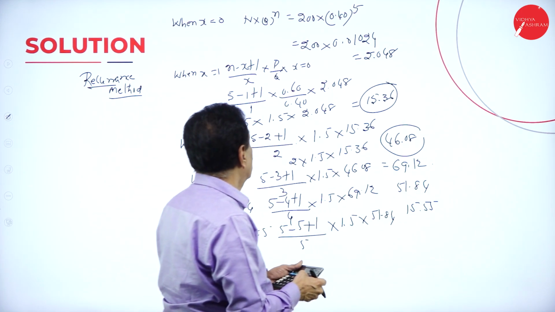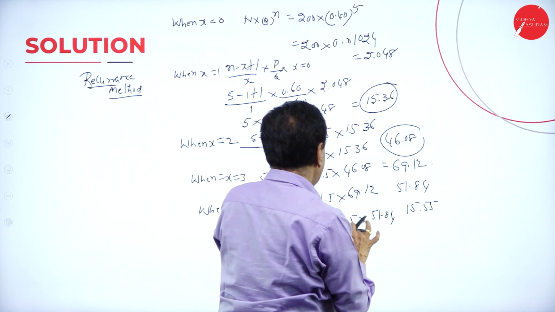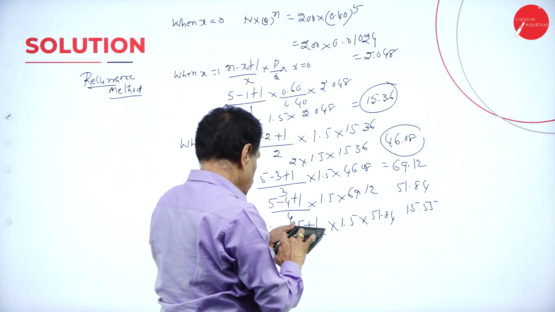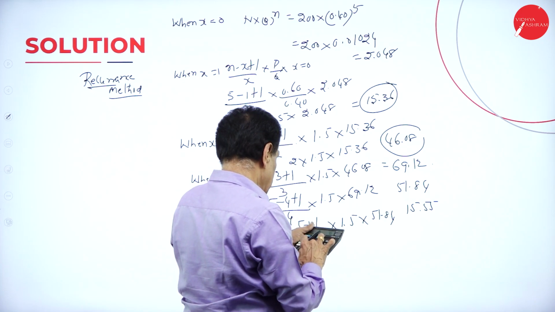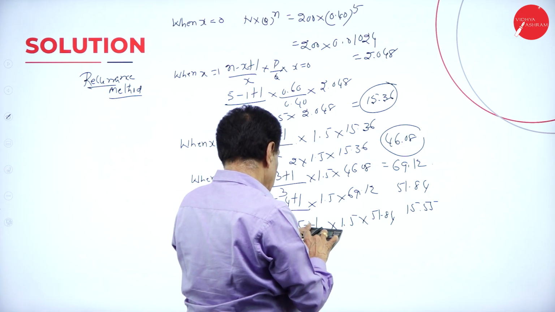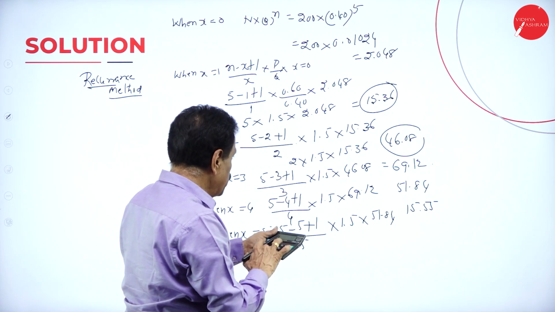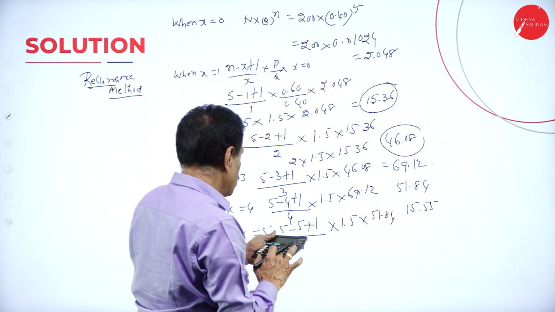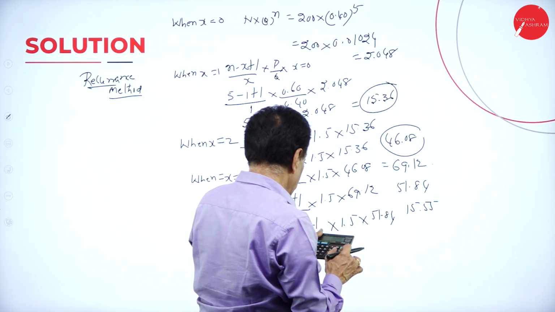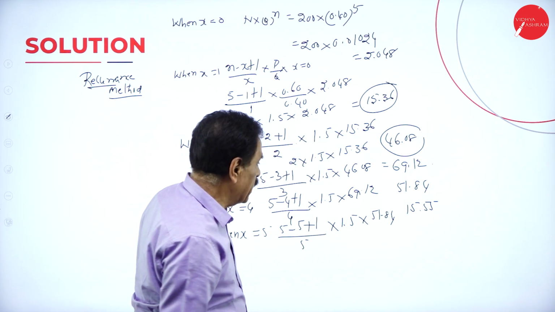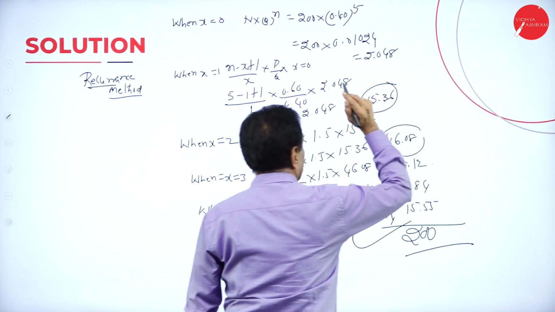These are all the expected frequencies. So first 2.048 plus 15.36 plus 46.08 plus 69.12 plus 51.84 plus 15.55 is 199.99, say 200. Got the answer.